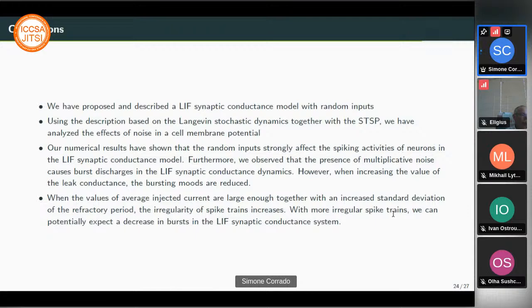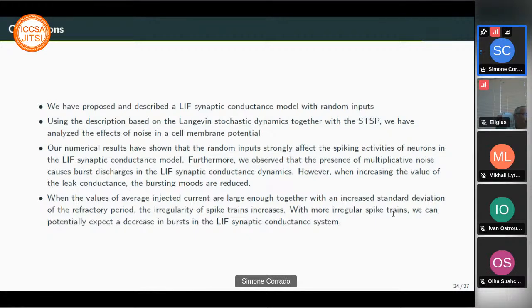And what you see in terms of numerical results, in a few words, is that the random input strongly affects the spiking activity in the neuronal system, with respect to this specific leaky synaptic conductance model. More than that, we observe that the presence of multiplicative noise specifically favors burst discharges in this synaptic conductance dynamics.